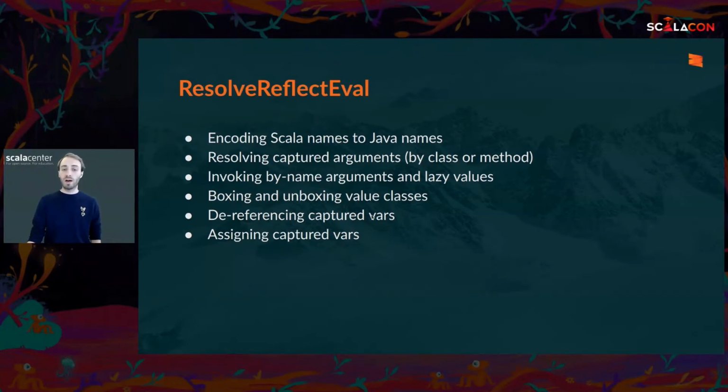So when a var is captured by a method, and because we might want to assign something to it, the compiler will box it into a ref object, and we need to dereference it during evaluation. And also we take care of assigning new values to captured vars.